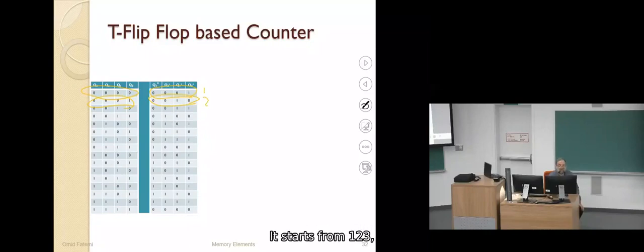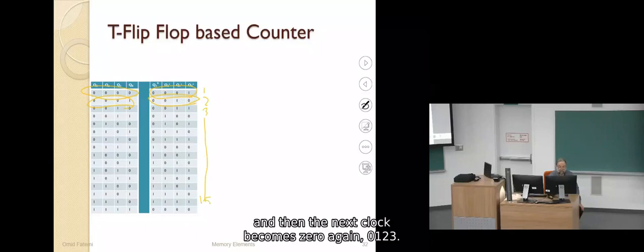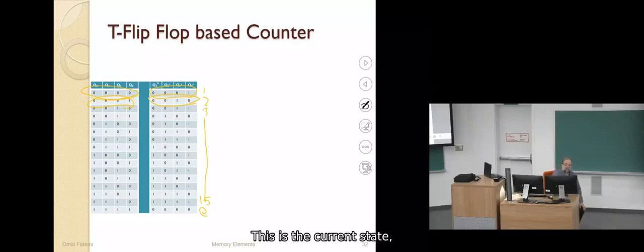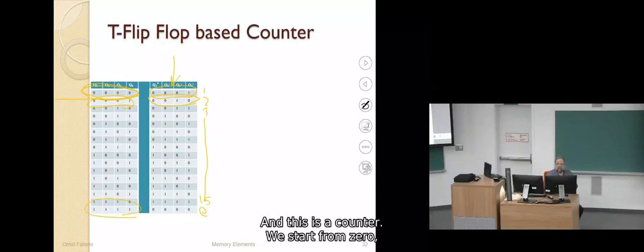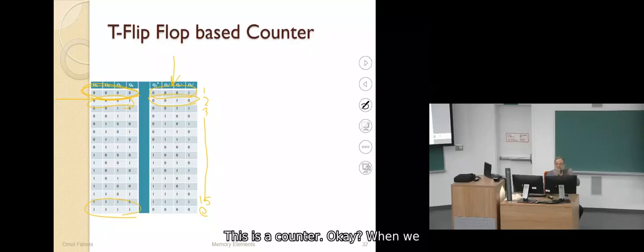So it goes 1, 2, 3, up to 15, and then the next clock becomes 0. Again, 0, 1, 2, 3. This is the current state, the current Q of the circuit. When the clock comes, the next Q becomes this, and this is a counter. We start from 0, going up to 15 because we have 4 bits, and then again 0. This is a counter, okay?